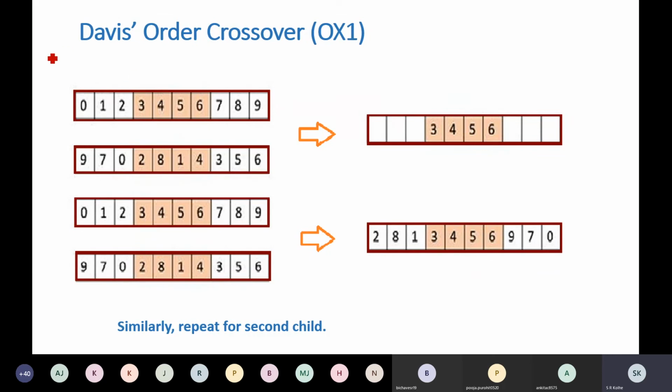Okay. Let us see this to understand it in a better way. Let us consider this example. What we have here, parent 1 in this example, and here it is parent 2. Two crossover points have been selected, 1 and 2. The same way we have to do for the second parent.